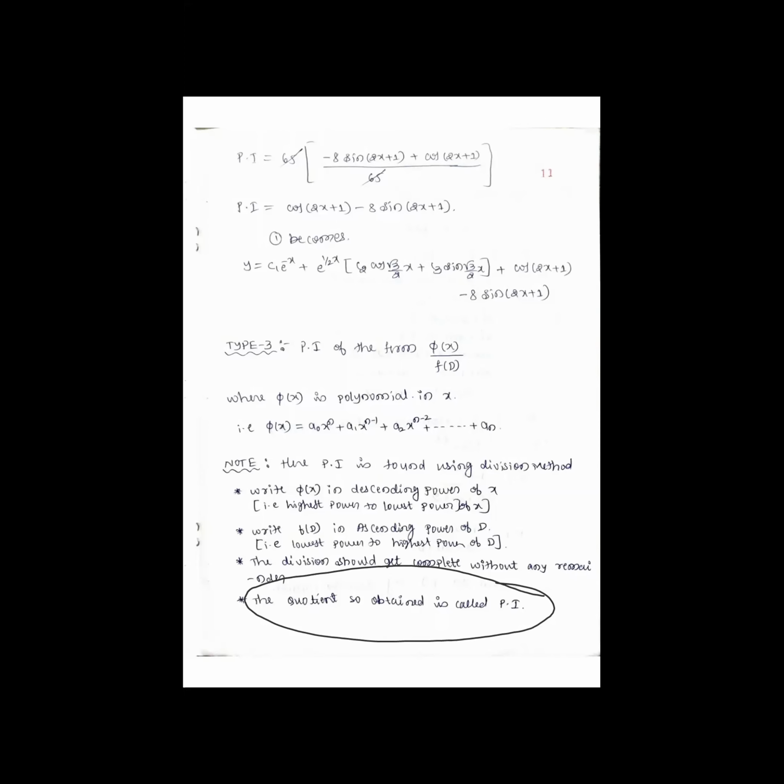Next, we complete the division without any remainder, meaning the remainder must be 0, not 1, 2, x or something. Whatever quotient is there, that quotient we call the particular integral. Any doubts? This is very important. These 3 steps are very, very important for type 3. Any doubts? No, sir. Okay.